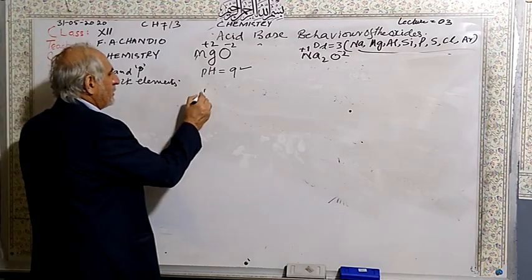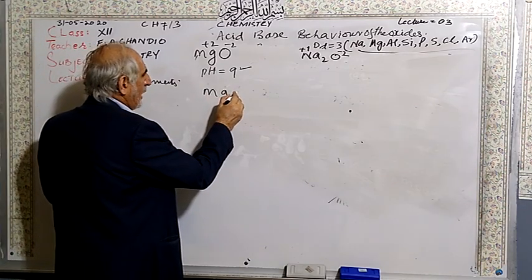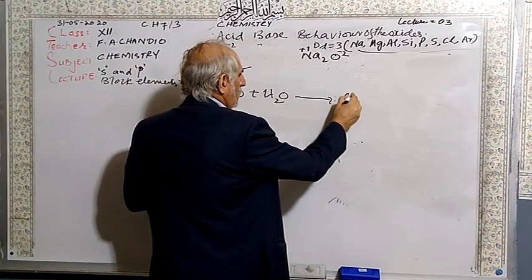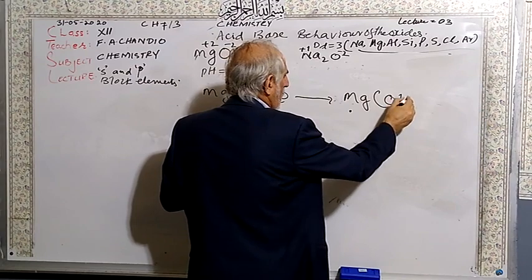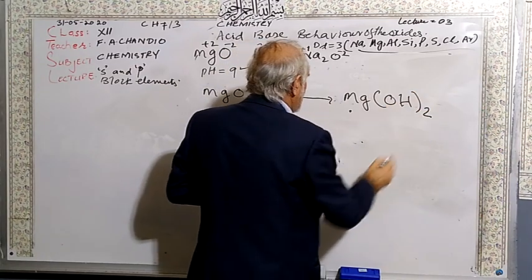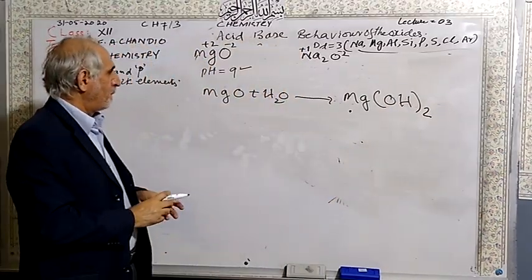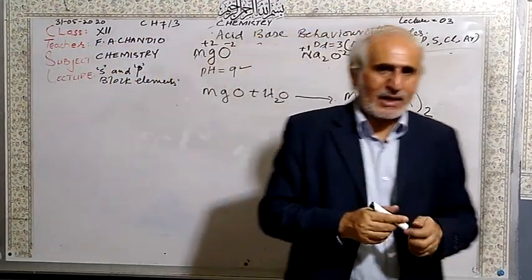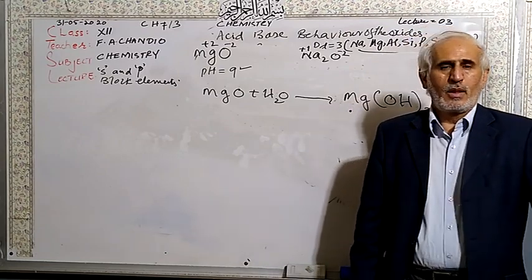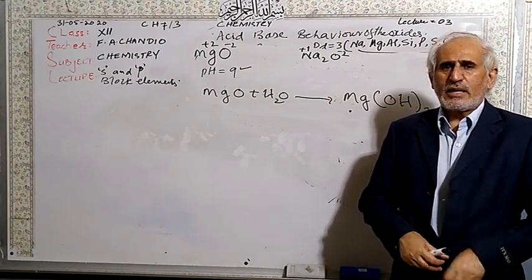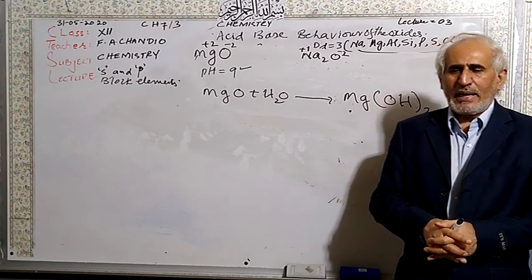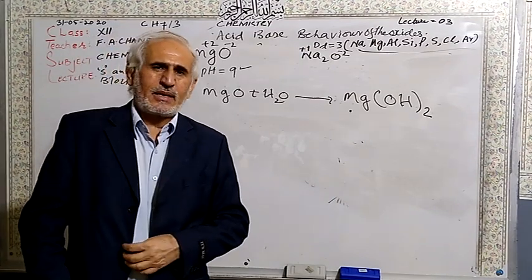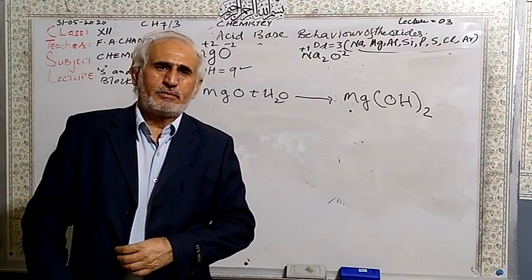So you will get magnesium hydroxide. This magnesium hydroxide is called milk of magnesia, which is a suspension and which is used as an antacid.